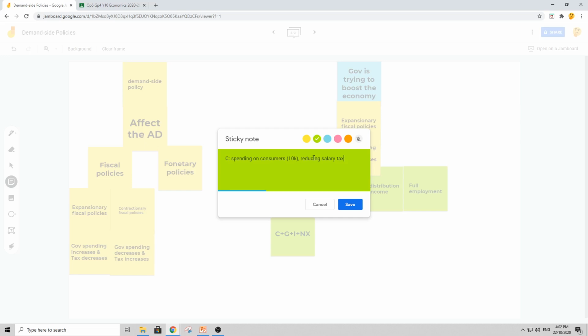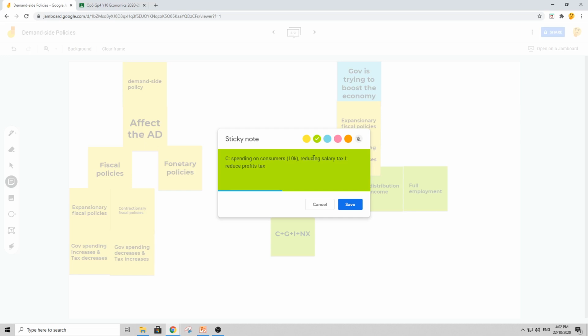When you talk about investment, some of you said reduce profit tax, which is true. If companies can earn more profits because the profit tax is reduced, then they have more capability to spend the money back in investment.